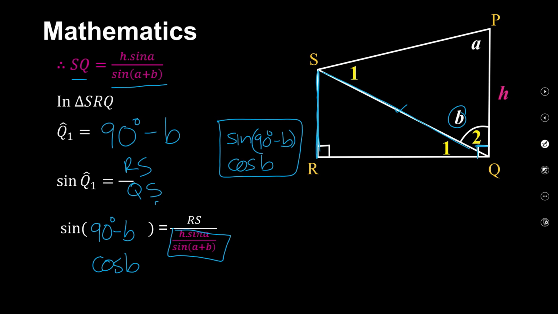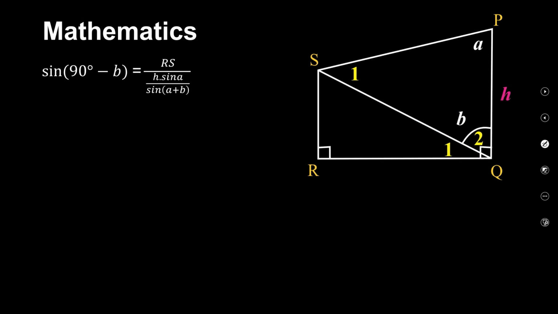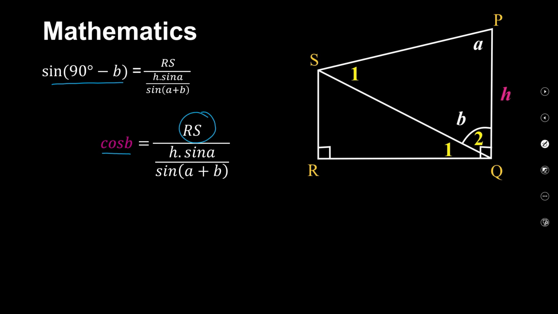Sorry, let me just erase my writing. Give me a second. Okay, so we've changed that sine of 90 minus B into cos of B. And now we're just going to rearrange this because remember we needed to find RS. So I'm going to multiply cos of B by this denominator in the next step.